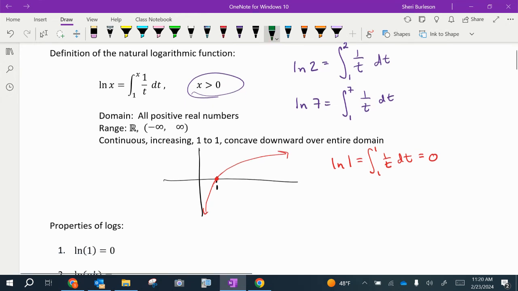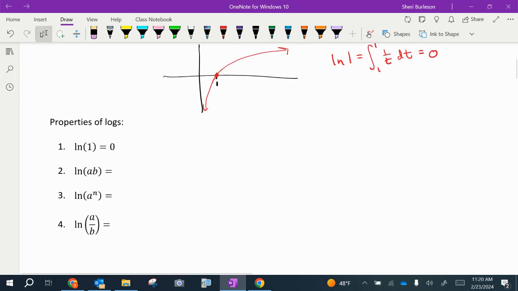So let's look at some review from pre-calculus. Let's look at our properties of logs. And I'm going to remind you, a log is just an exponent. When we think of logs, we are thinking about exponents. There we go. A log is just an exponent.